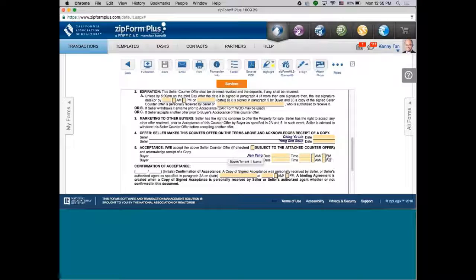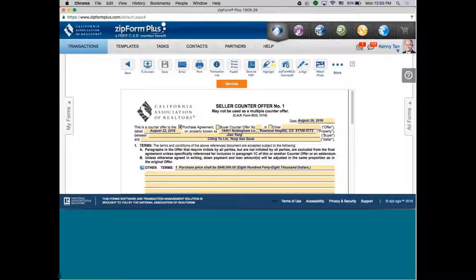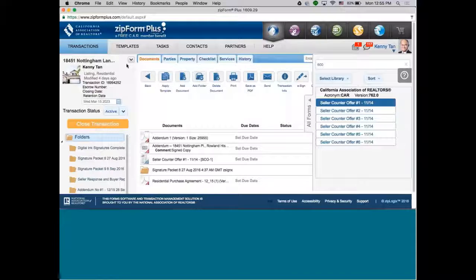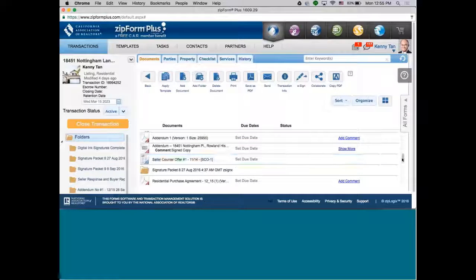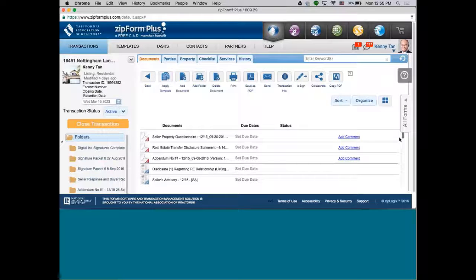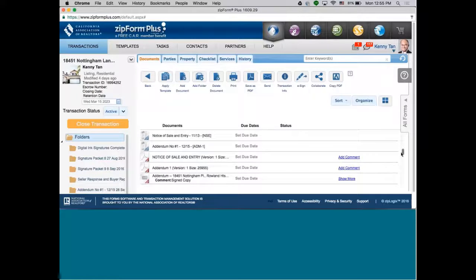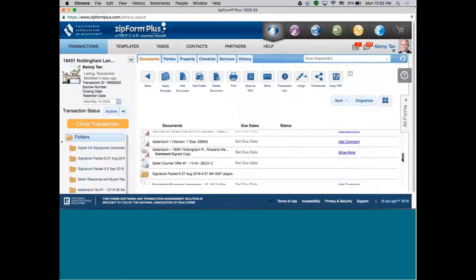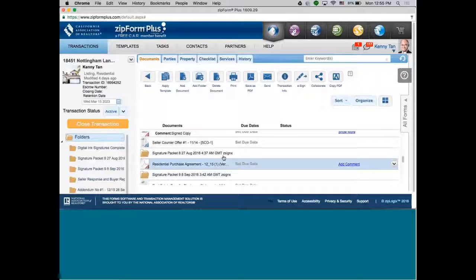Remember I talked about ratifying the original offer? What does it mean to ratify the offer? This is what it means, I'll tell you. For me to ratify the original offer, I need to have my seller sign here.